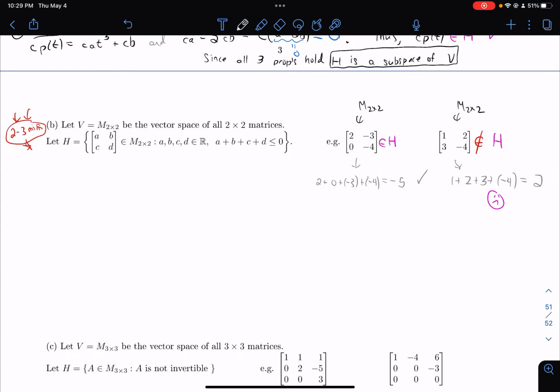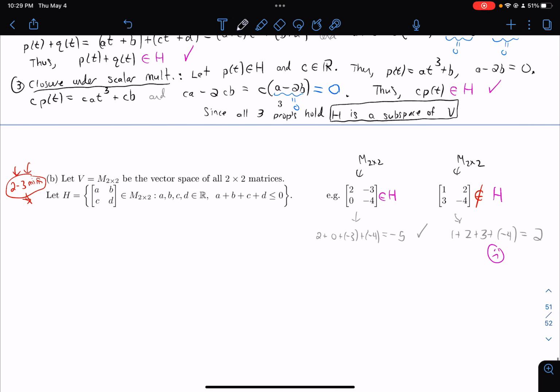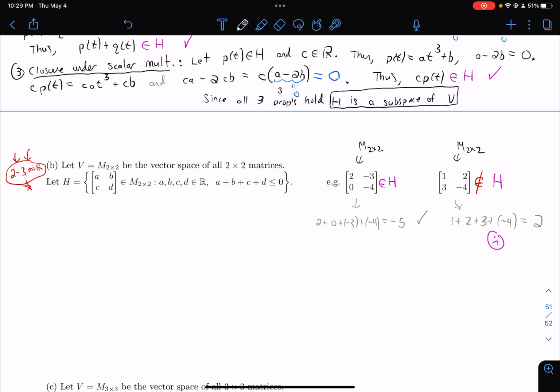If you first ask yourself the question, is 0 in H? Well, what do we mean by 0 here? It'd be the 0 matrix. Is this in H?